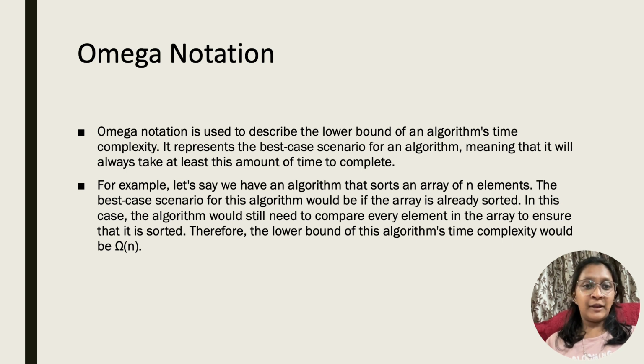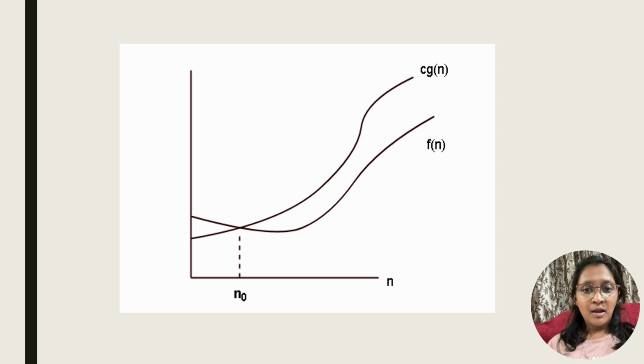The best case scenario for this algorithm would be if the array is already sorted. In this case, the algorithm would still need to compare every element in an array to ensure that it is sorted. Therefore, the lower bound of this algorithm's time complexity would be omega of n. And this graph here represents the omega notation.